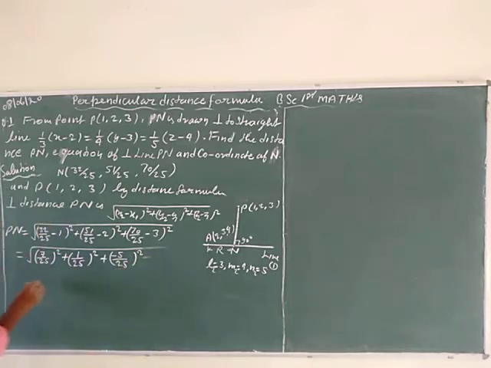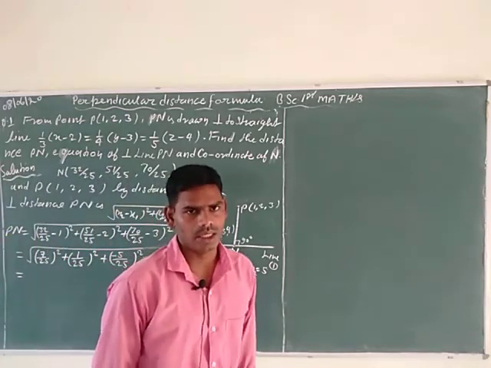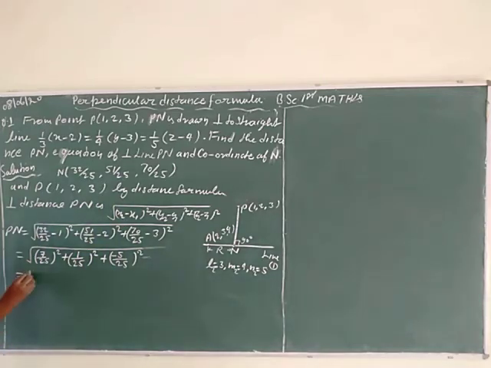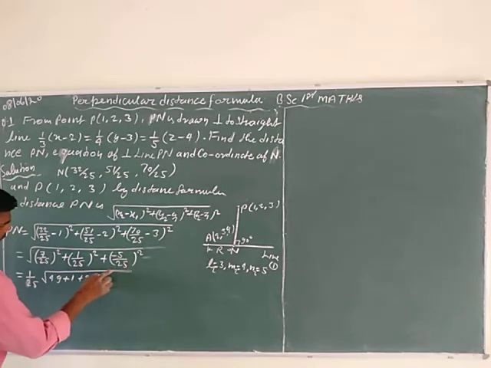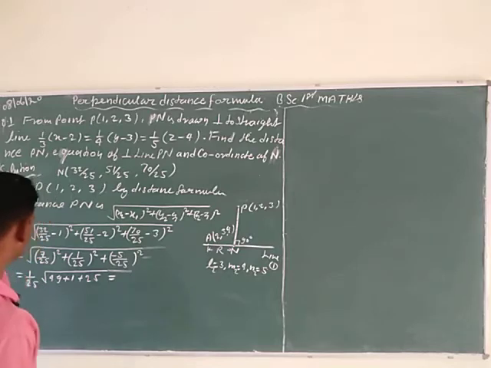It is equal to the square root of the whole square of 25 taken as LCM, so 25 is taken outside the square root. In the bracket write 7 whole square, 49, plus 1 whole square, 1, plus 5 whole square, 25, which is 49 plus 1 is 50, plus 25 is 75.